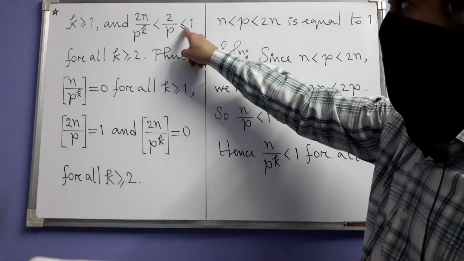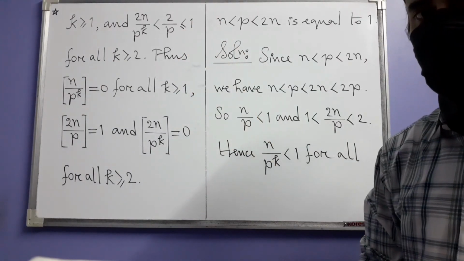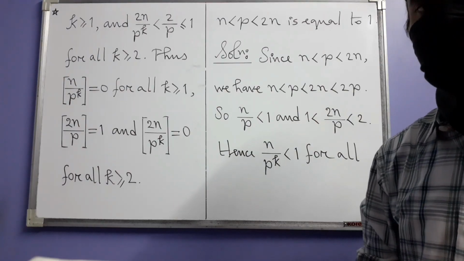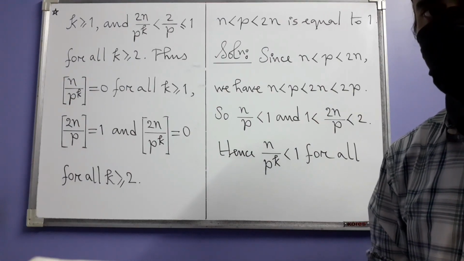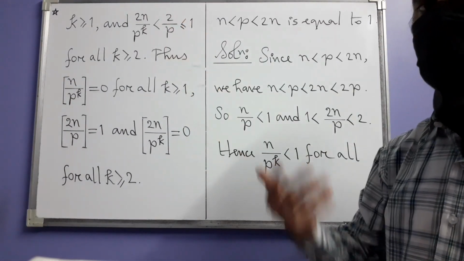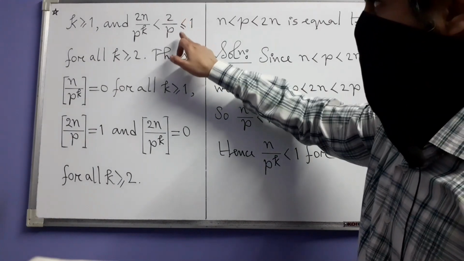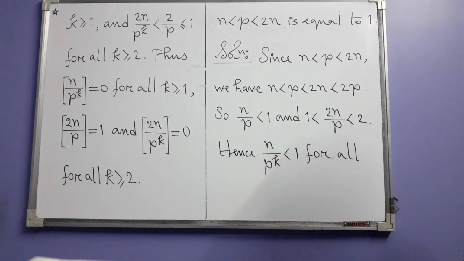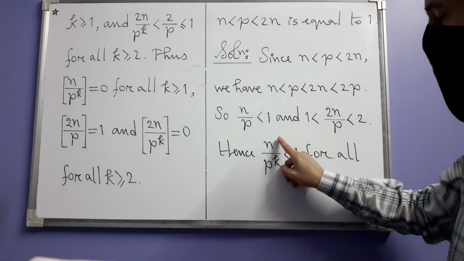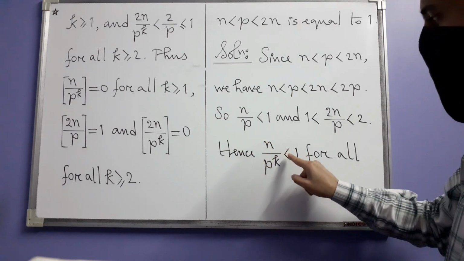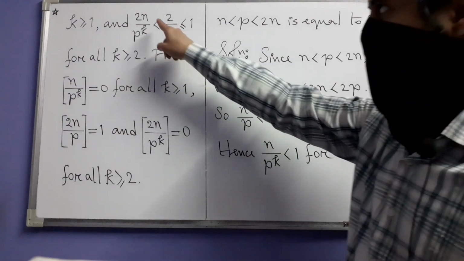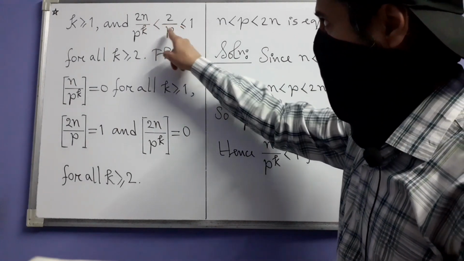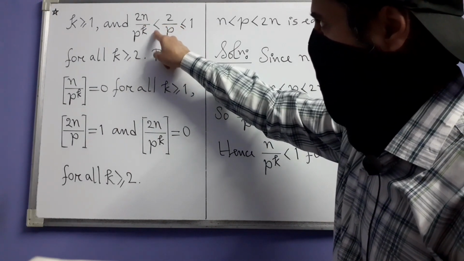And 2 divided by p is less than or equal to 1 because p is at least 2. The smallest prime is 2. This p may be 2, it may be greater than 2, but in any case it will be less than or equal to 1. So you see that just like these ratios are all less than 1, these ratios are also all less than 1. See the strict inequality here.